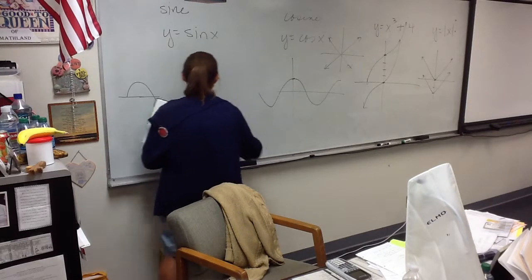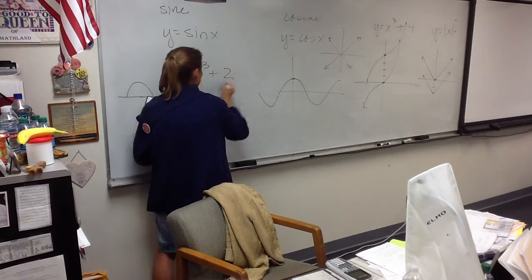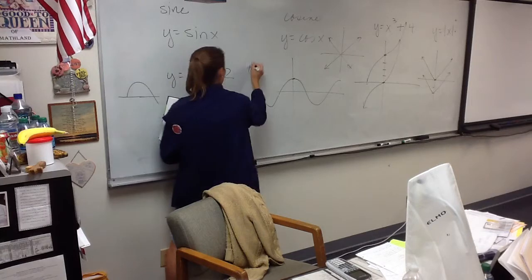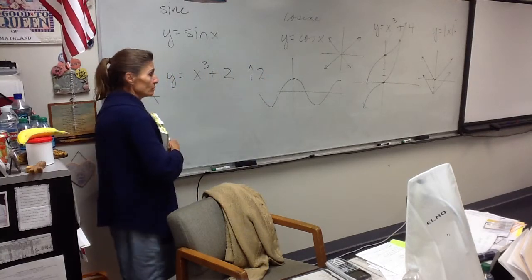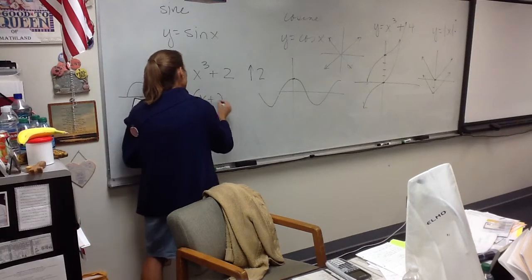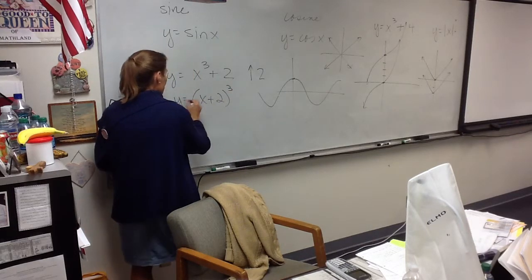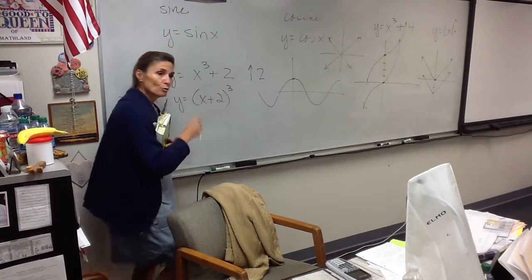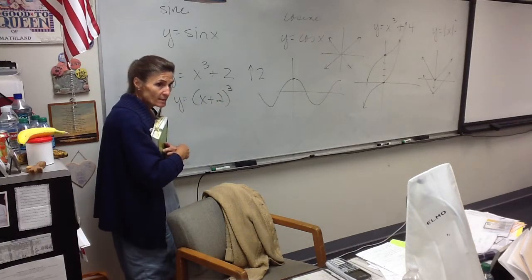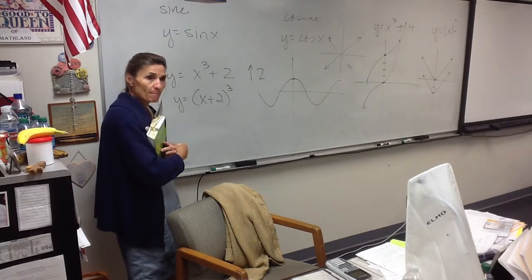If we took x cubed plus 2, that would go up 2. Does exactly what you think it would do. But if you do x plus 2 cubed, it does the opposite of what you think. You think plus 2 would move you to the right, but it doesn't. It does the opposite. It backs you up.